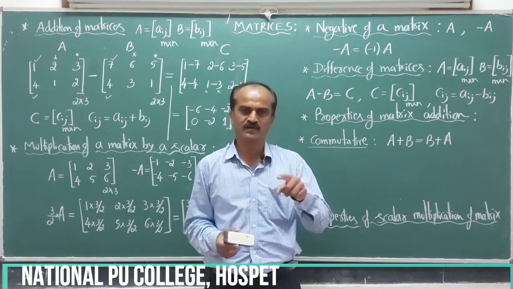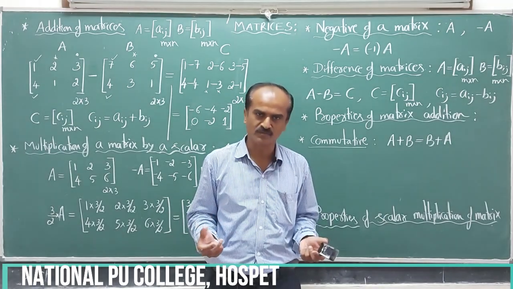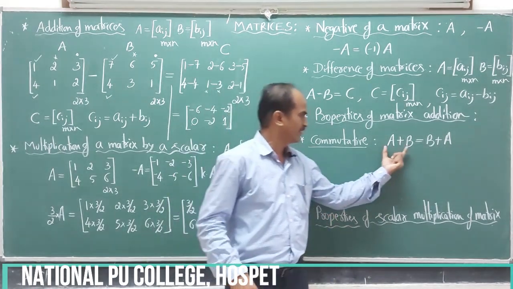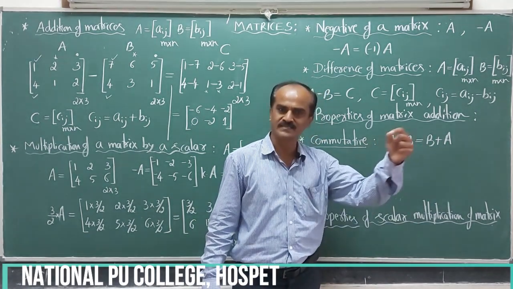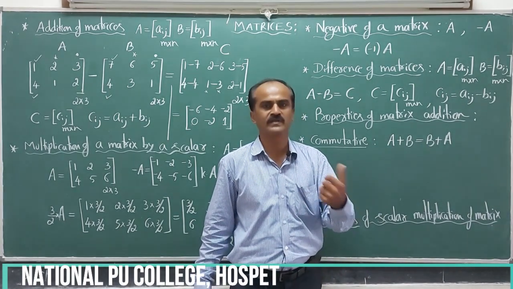Add x to y or add y to x, the sum remains the same. Here also, if A and B are matrices of the same order, then A plus B and B plus A end with the same resulting matrix. Therefore, addition of matrices is commutative.